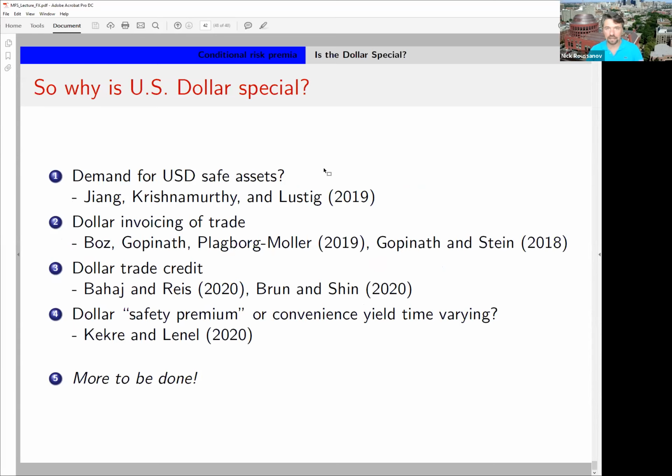Lots of papers are being written these days, and they have to do with: is it about the demand for U.S. safe assets? Is it about the fact that much of global trade, about 80%, is invoiced in dollars? And not only is it invoiced in dollars, but if you're an exporter and your trade is invoiced in dollars, you want trade credit also to be in dollars, which means that the fluctuations in the dollar become important for the real economy as well, through this trade credit channel.